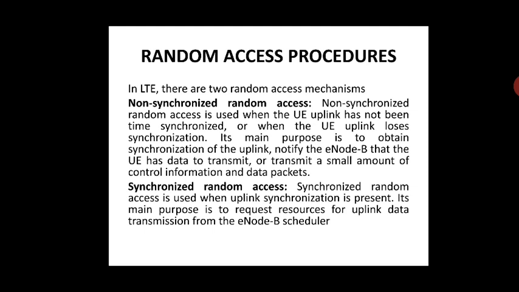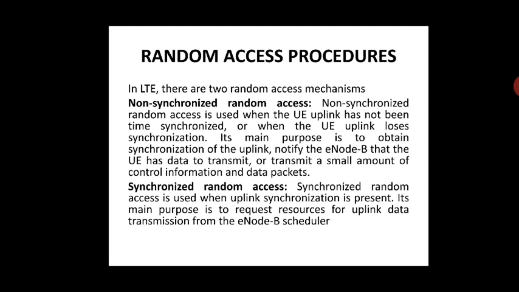Its main purpose is to obtain synchronization of the link, to notify the E node B that the UE has data to transmit, or to transmit a small amount of control information and data packets.